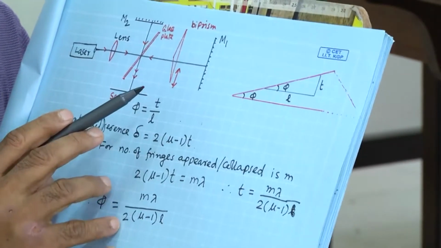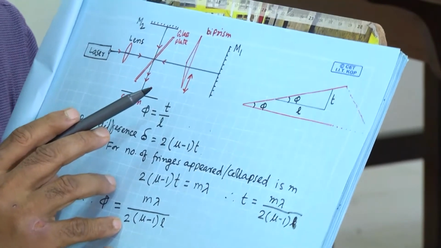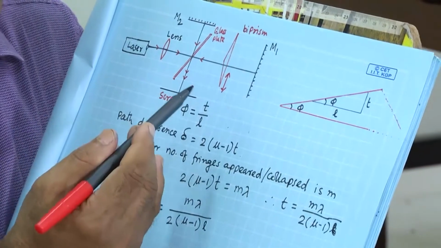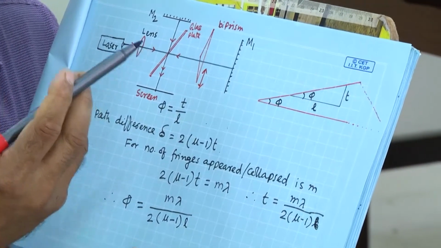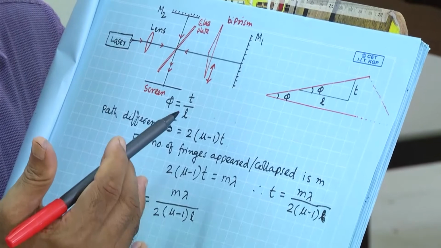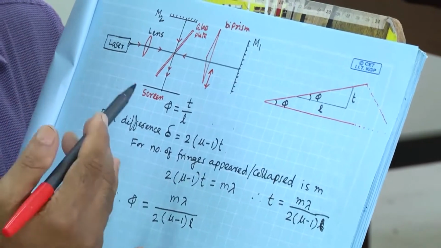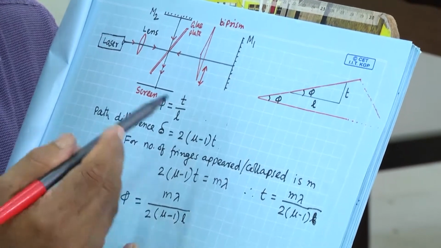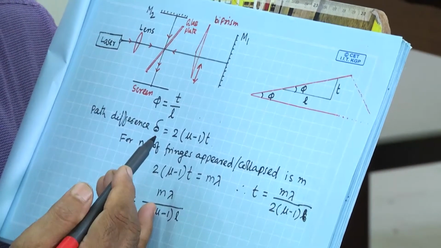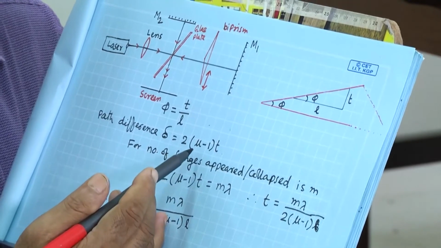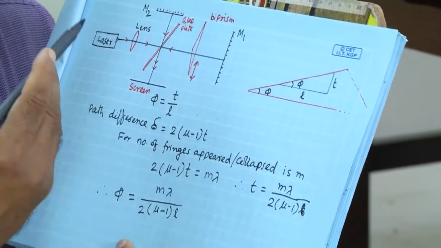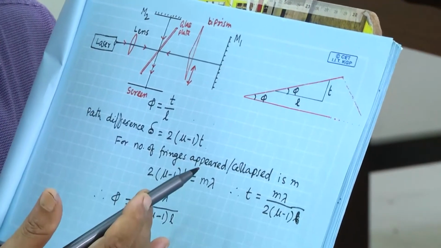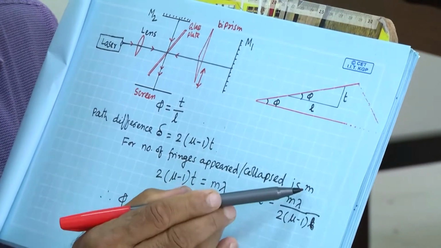So before putting it, if the order is M1, after putting it the central fringe order is M2. Due to the change of path difference, that is 2 times mu minus 1 into t additional path difference, the change of the order of the central fringe will be M1 minus M2. So that is m.